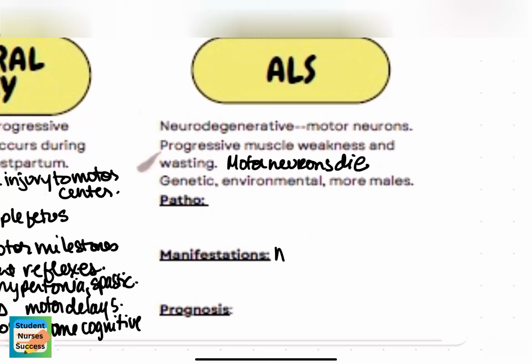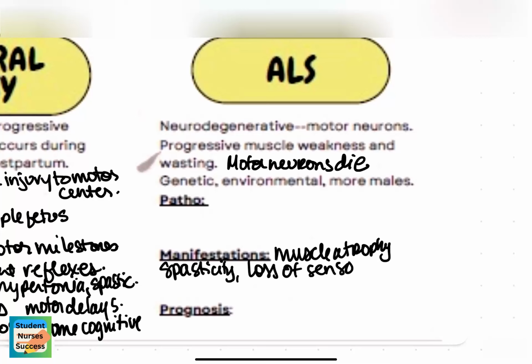Manifestations include muscle atrophy, spasticity, loss of sensory function, and eventually respiratory failure.